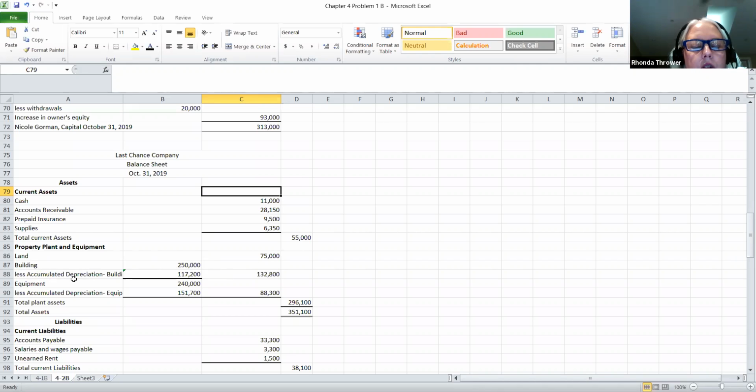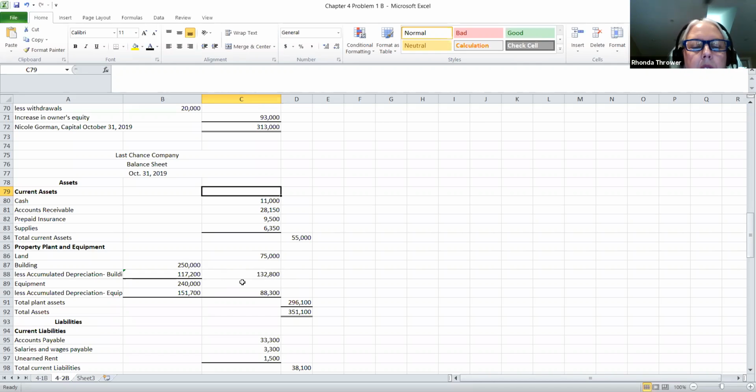The accumulated depreciation account will offset the cost of the building, and that will give you the book value of that building. So 250,000 minus 117,200 will leave you with the book value for the building at 132,800. The book value is just a title that we put as far as what we've got on our books.